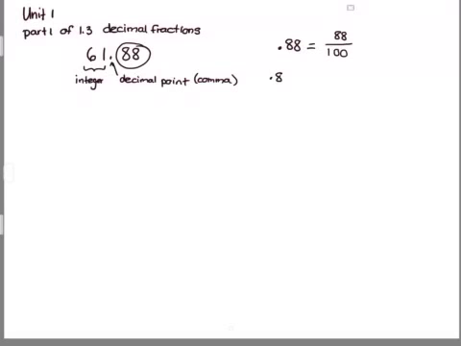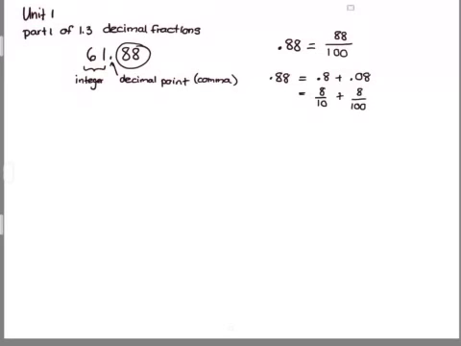Or you can say this is the same as 0.8 plus 0.08. Note the 0. And that would be 8 over 1 with a 0, because it's got 1 digit, plus 8 over a 1 with 2 zeros.